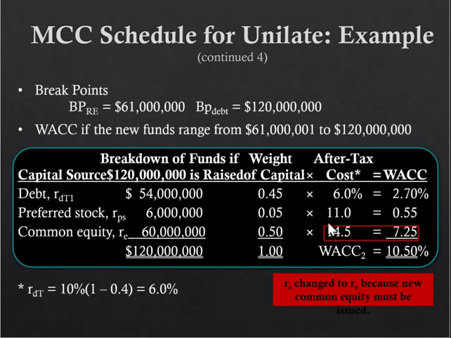And so the required rate of return here changes to 14.5%. Your weighted average cost of capital, again, debt doesn't change, preferred stock doesn't change, and common equity increases from 13.5 to 14.5 associated with the need to raise additional equity and the flotation costs. So now your weighted average cost of capital goes up to 10.5%.